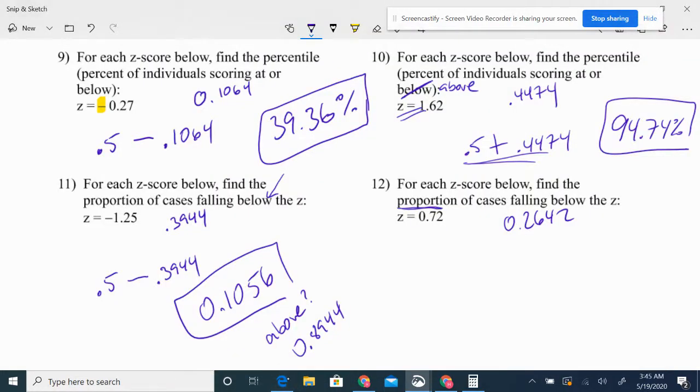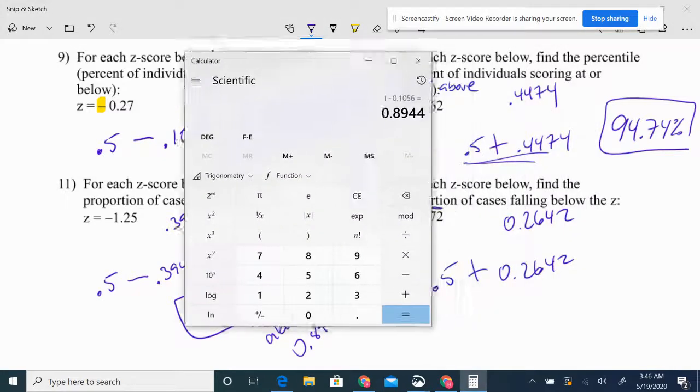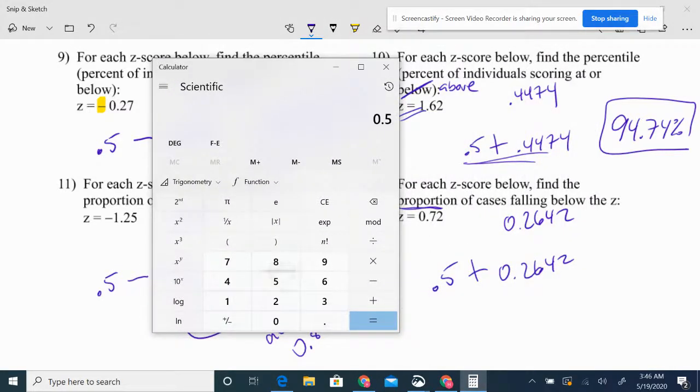All right, so how do I define my proportion? I always start at 0.5 or 50%. So 0.5 plus, I'm going to add since my c-score is positive, 0.2642. So 0.5 plus 0.2642 gives me 0.7642.